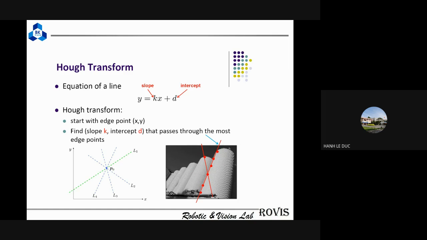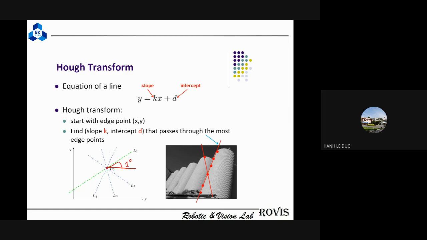In this method, the Hough transform does it like this. For example, you have many points like this. Each point will change to another form. For example, you have 1 point P0 here, so there are a lot of lines that go through the point. Let's imagine that I have a point here, and then I rotate by an angle, for example 1 degree.